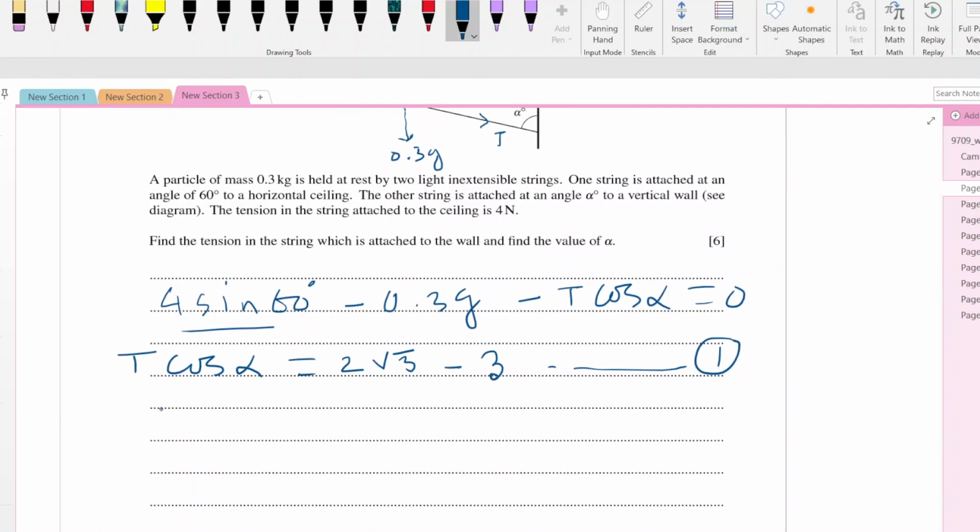And resolving horizontally, T sin alpha minus 4 cos 60 degrees equals 0.